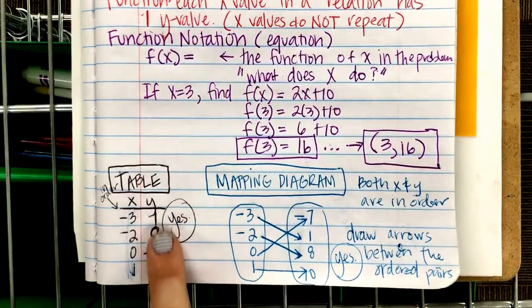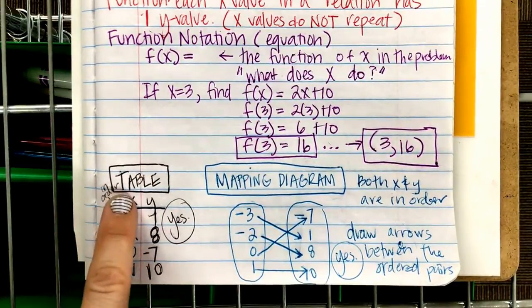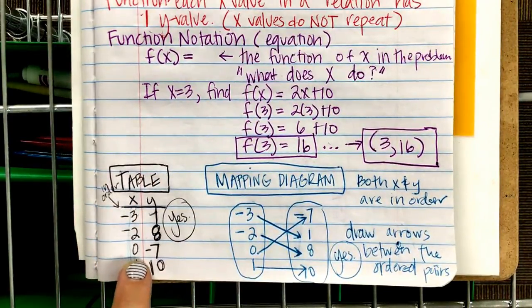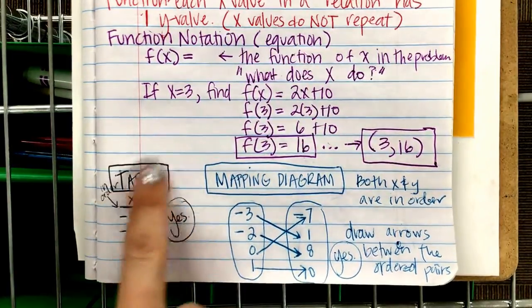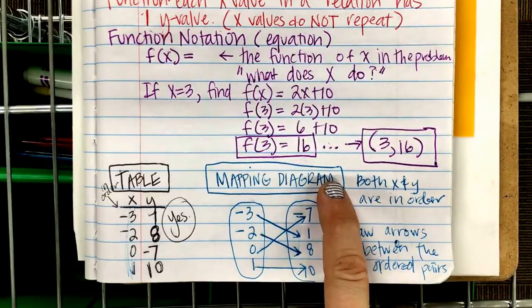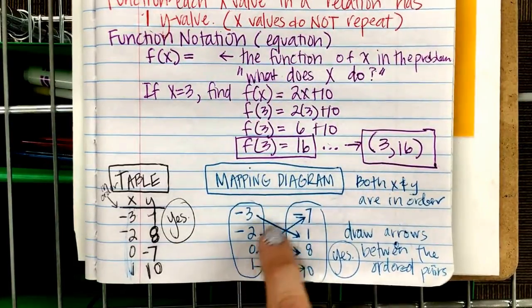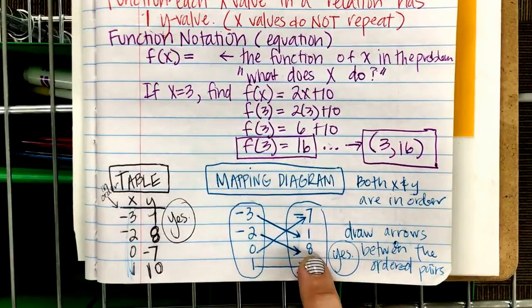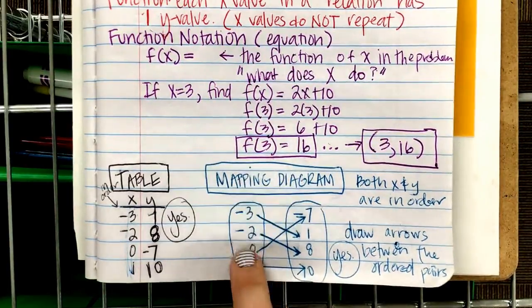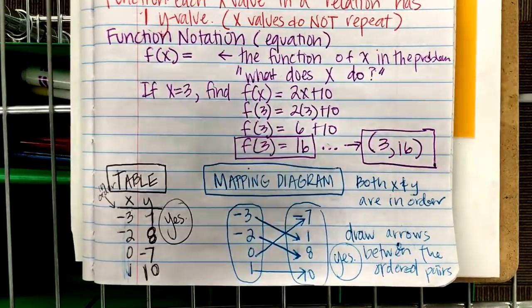We've got a table that can represent a function. Remember, your x values are in order in a table, and yes, this is a function because each x is different. We've got a mapping diagram where the x and the y are in order, and you draw arrows to what they belong to. And if one of them repeats, you only put that number once and then draw two arrows from it.